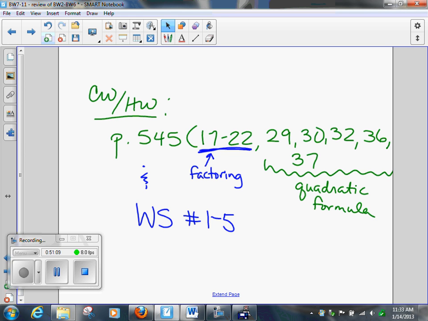Now, folks, only the first 5. Do not mark the rest of these out because you're going to finish them throughout the week. When's your test? 29 through the end. They're all quadratic formula.